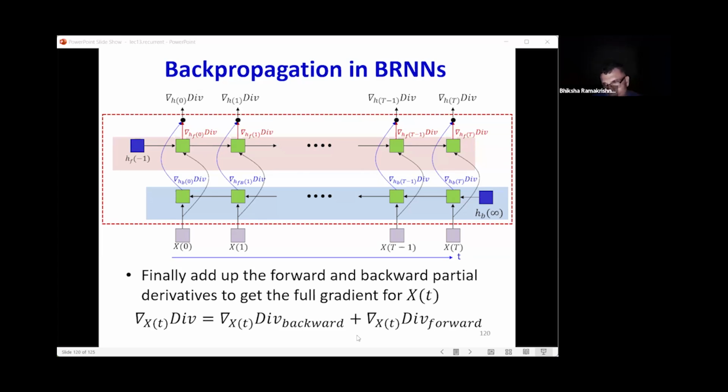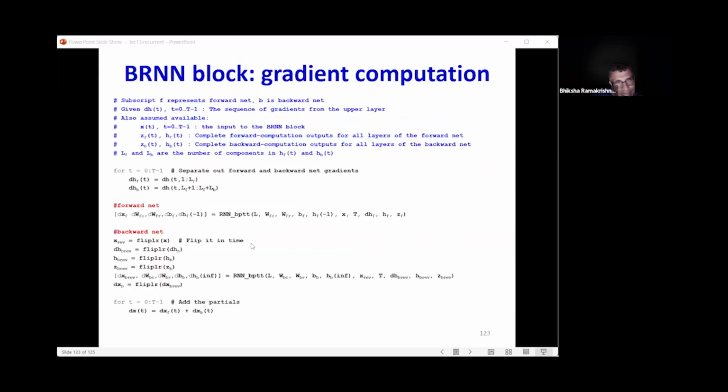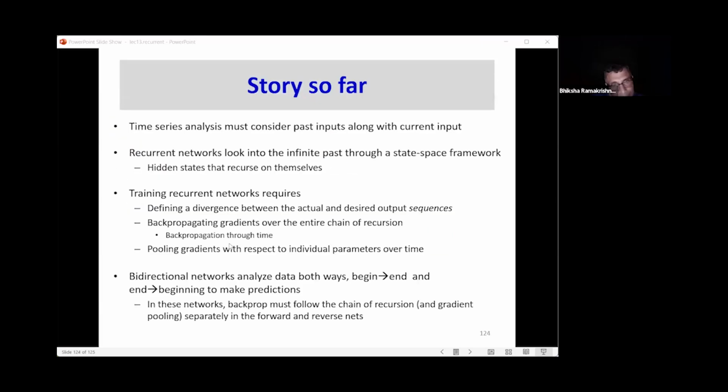This makes sense? And voila, we have just managed to get the derivatives with respect to the input to the entire layer. So I have pseudocode for the same thing. I'll skip that. But the thing is, now we can just continue backpropagation as before. And so we also know how to train the network.